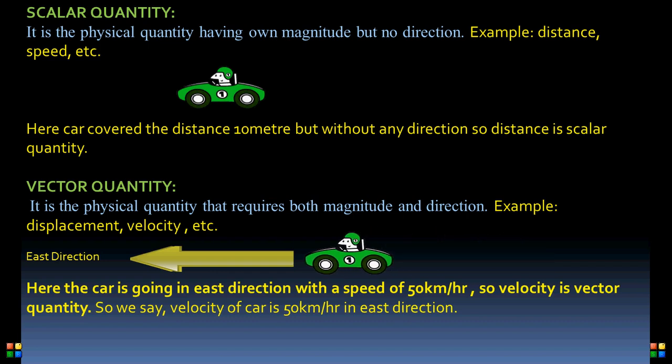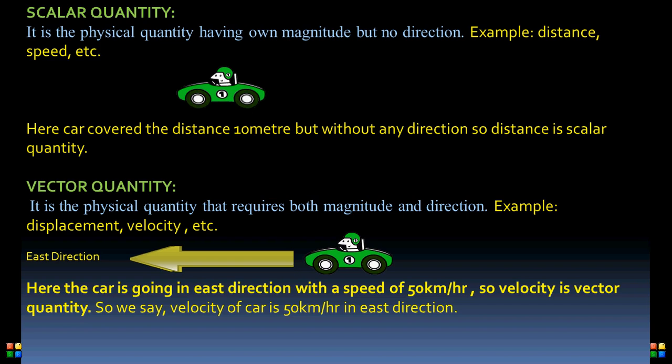So when the car is moving with a speed, let's say 50 km per hour and in a particular direction, then this is a vector quantity. So this speed will be called here a velocity, because we are mentioning two things, the magnitude as well as direction. So velocity will be a vector quantity.